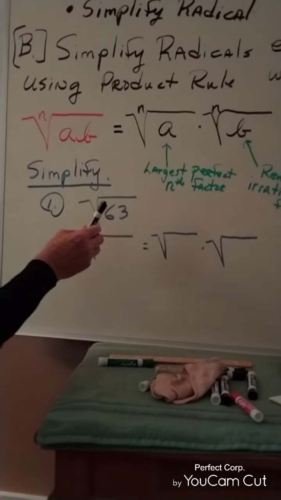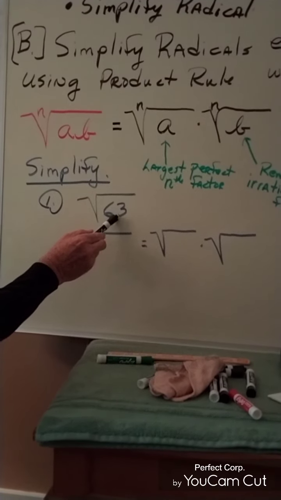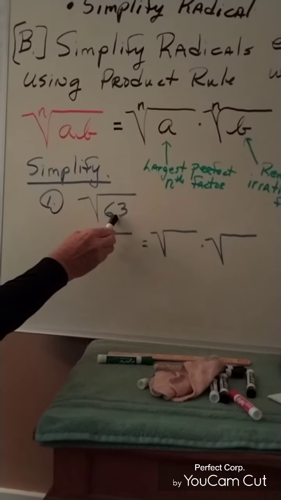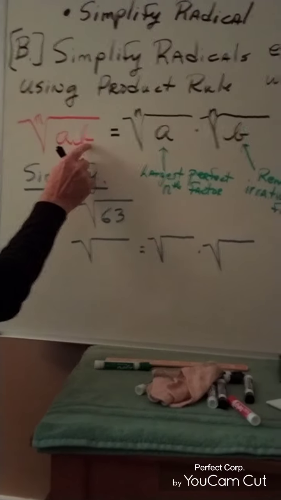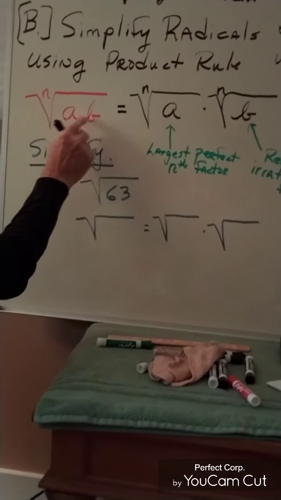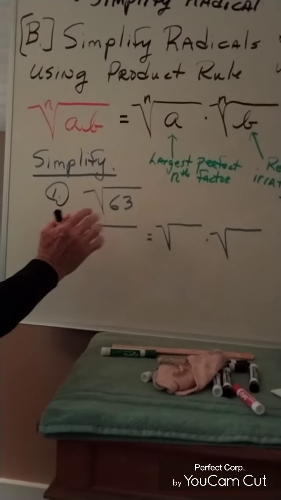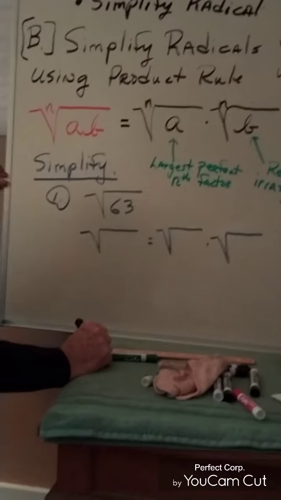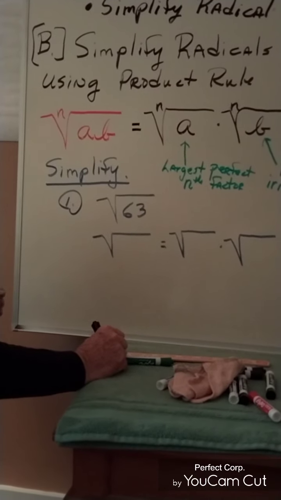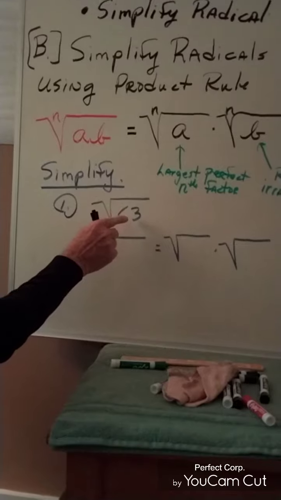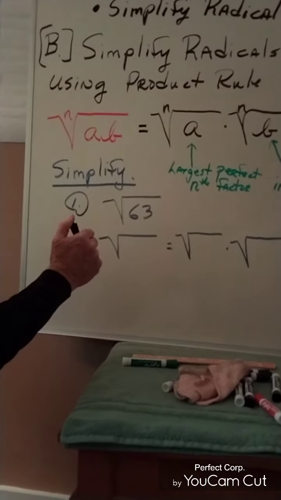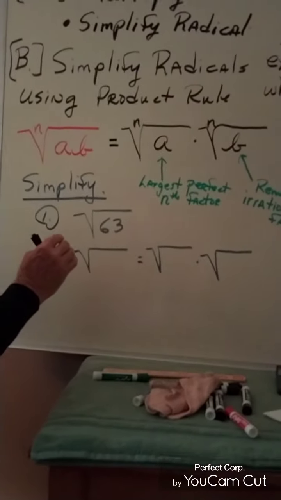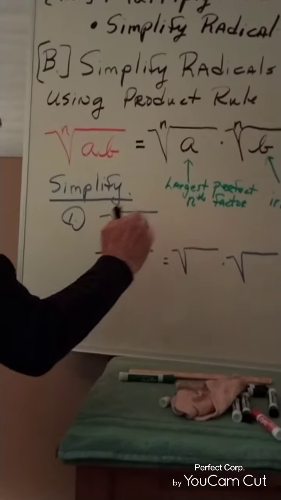Here's what we need to do with this 63 first. We need to identify two factors, two numbers that multiply together and equal 63. But not just any two factors. One of those factors must be a perfect square. The other factor will just be an ordinary irrational factor.